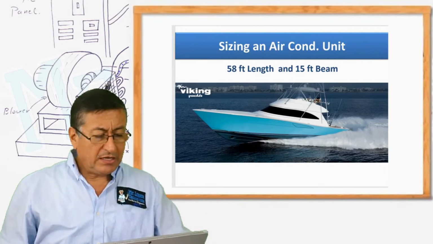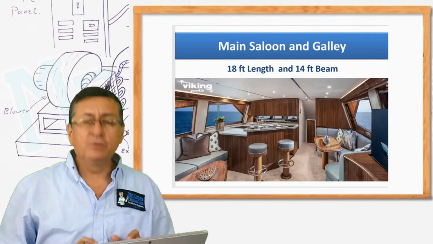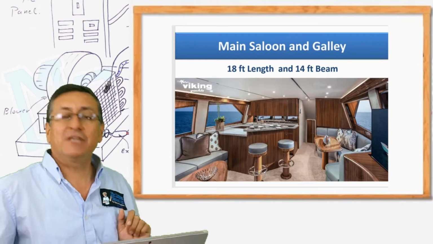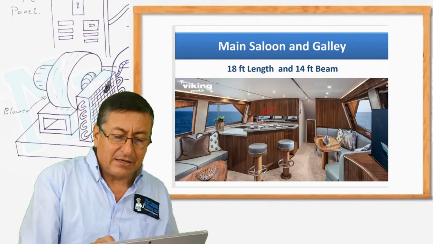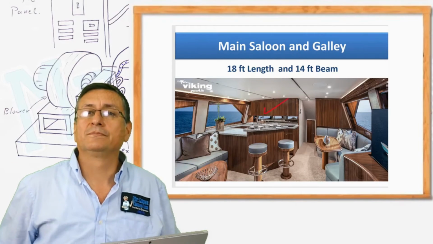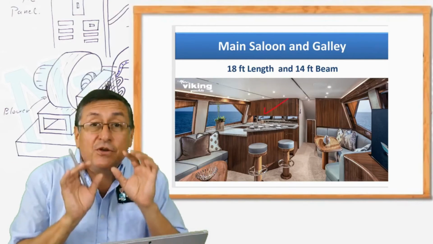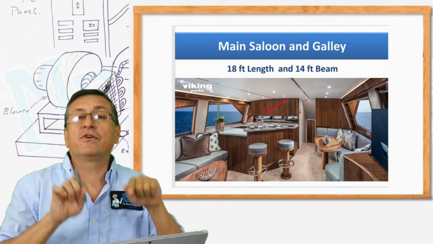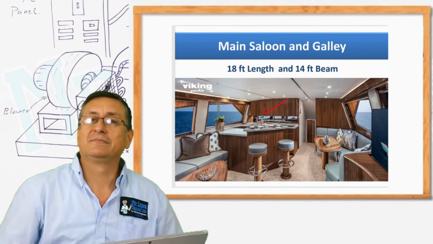In this wonderful boat, the saloon has the kitchen, the galley, included. You see, the galley here in this area is included in the saloon. We are going to calculate only the capacity of the air conditioning equipment for the saloon.